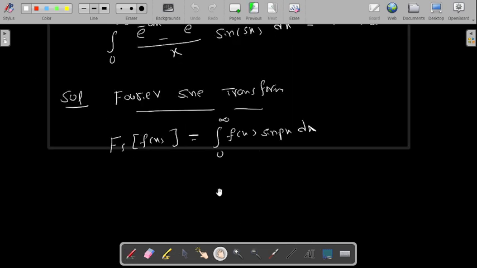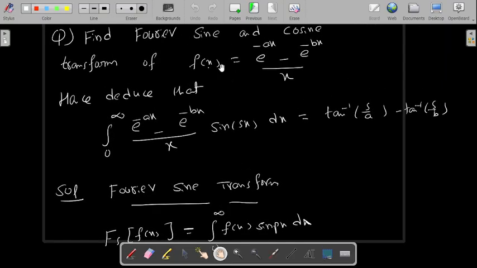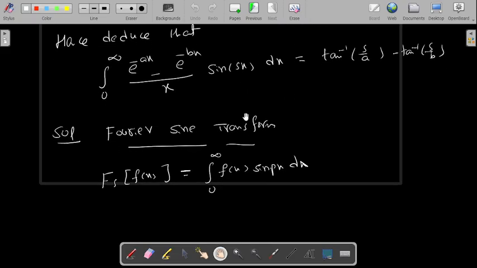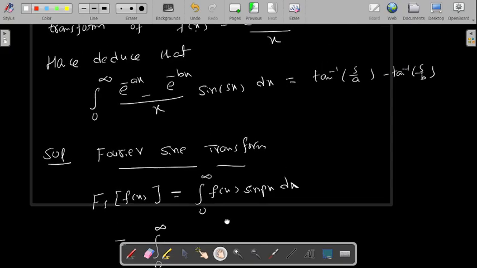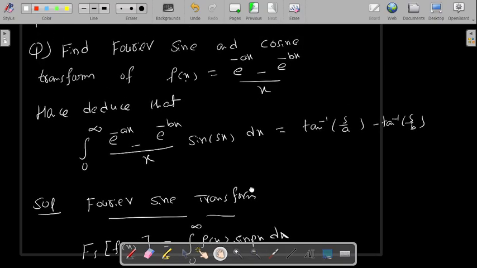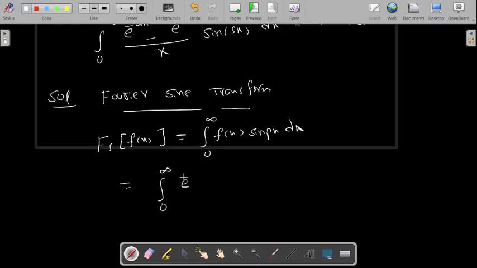Now we are given f of x, so it is equal to integral 0 to infinity of, what is f of x, e power minus ax minus e power minus bx by x, into sin px into dx.